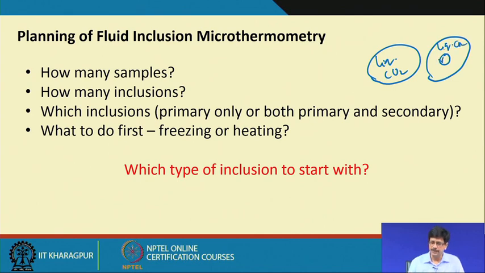If they are pure carbon dioxide, or even if this liquid carbon dioxide is charged with a variable concentration of methane, then in order to obtain a homogeneous state for this particular inclusion, we may have to heat it only up to 31.1, and that is the critical temperature of carbon dioxide.